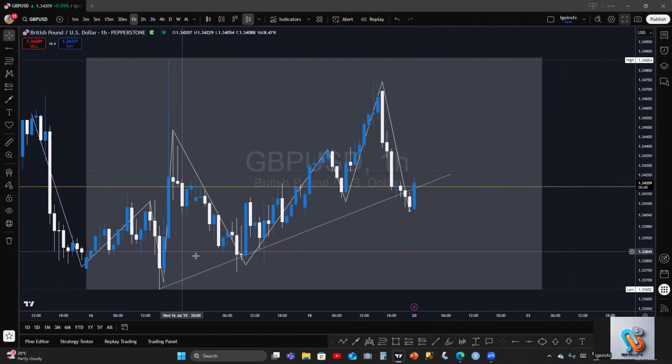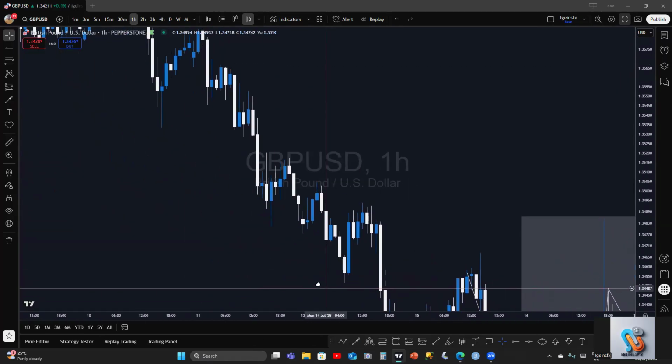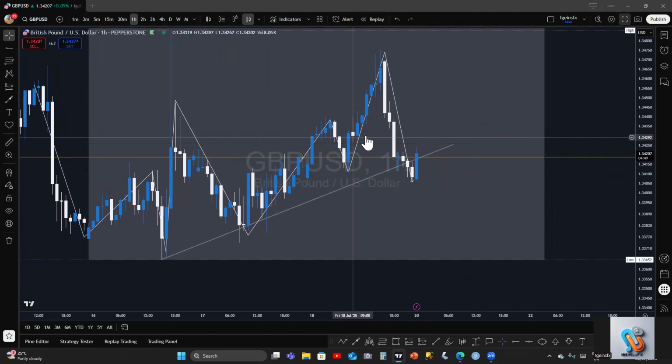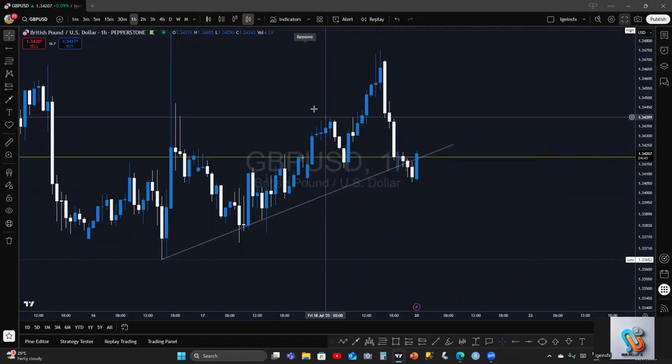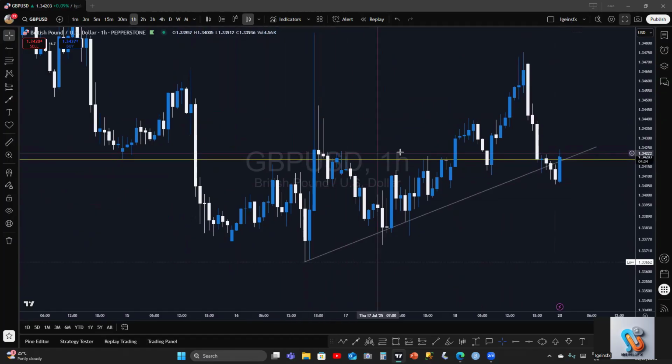So I would say it's a bullish move, but it's not really clear. But this is the last break of structure. This is where you can see change of character, break of structure.